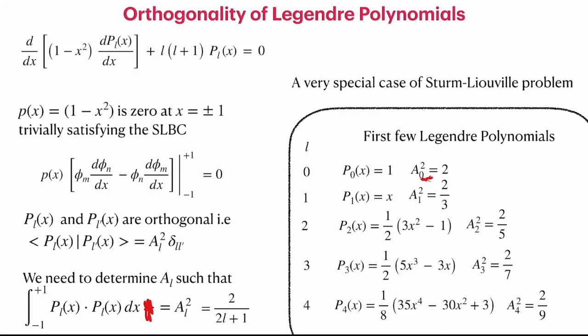But one needs to know that it is in principle possible to find the normalization constant analytically, and that is what we exploit. Once we have this normalization constant, we can use that as an orthonormal basis, and we can express any arbitrary function in the interval between -1 and +1 in terms of Legendre polynomials.